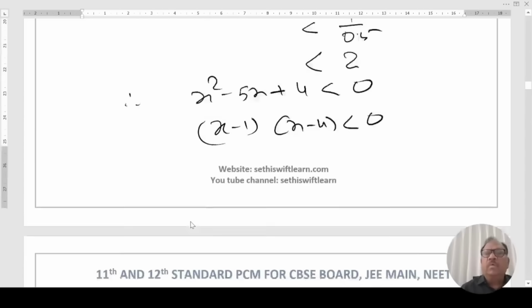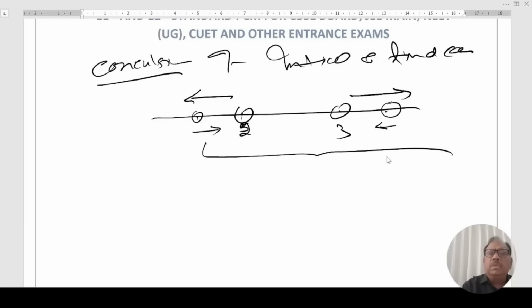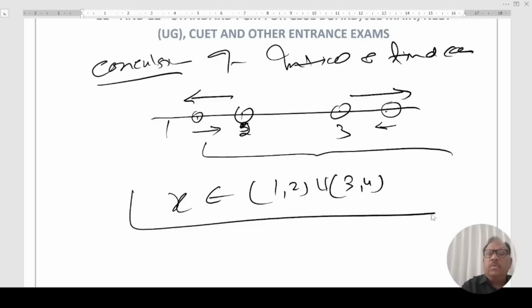And the final condition gives 1 to 4. Means the conclusion is that x belongs to (1, 2) union (3, 4).